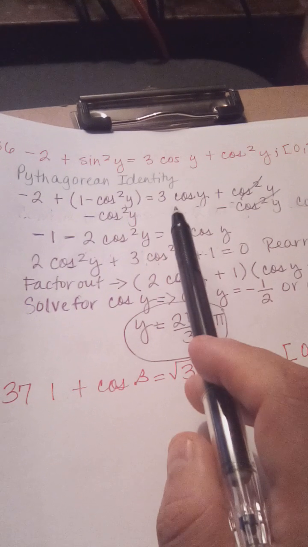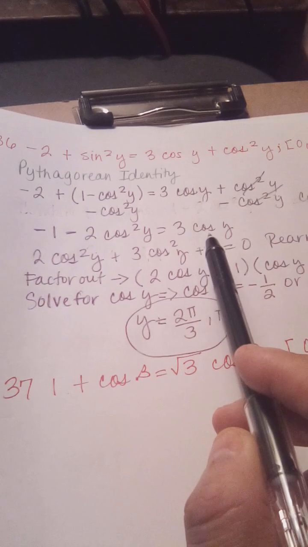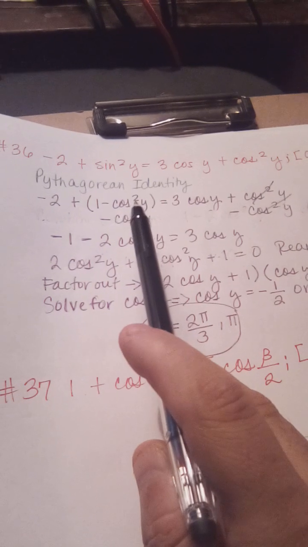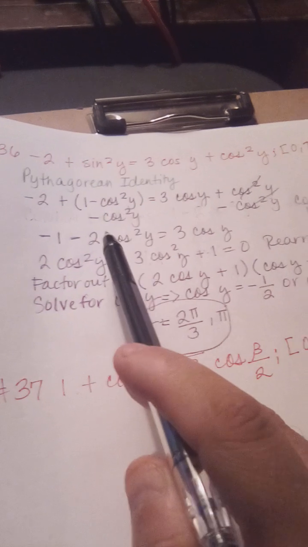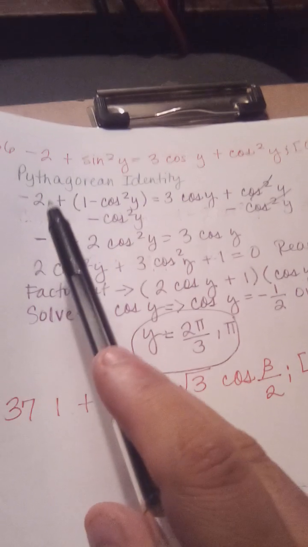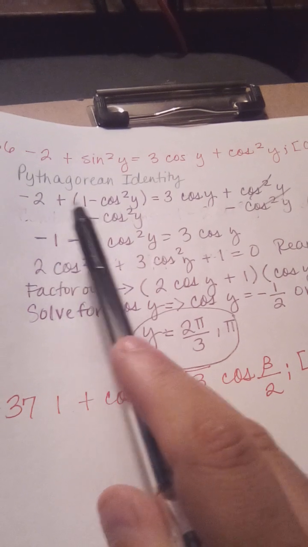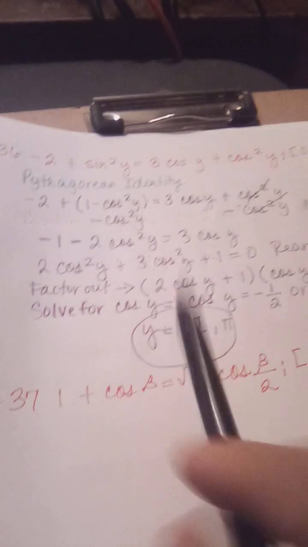And then what's left over on the right side is a positive 3 cosine y. Once you do this part, we've got a negative and a negative, negative 1 and negative 1 would be a negative 2 cosine square y. Then you do negative 2 plus 1 to give us negative 1. So that's combining like terms.